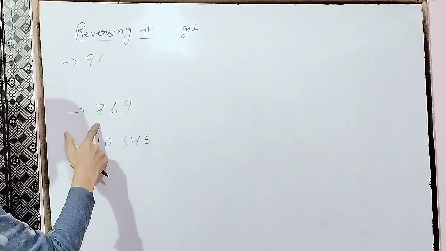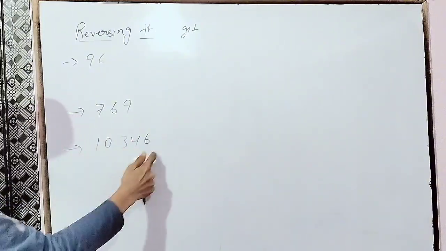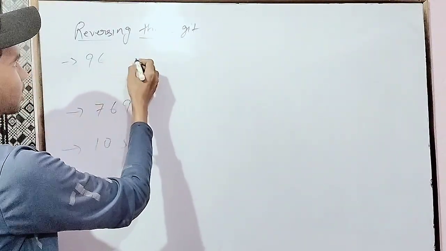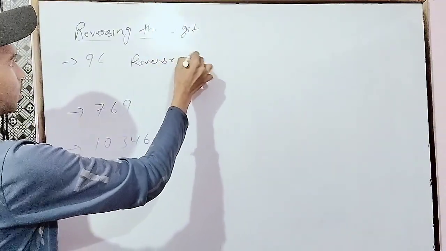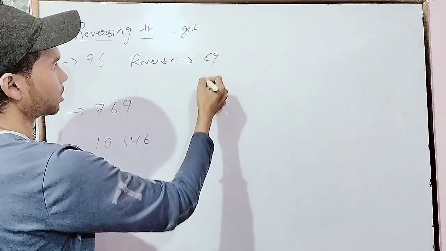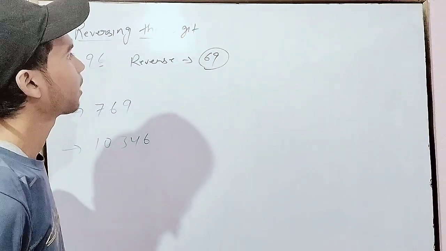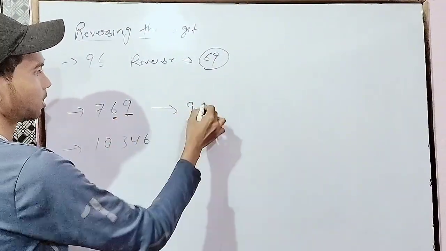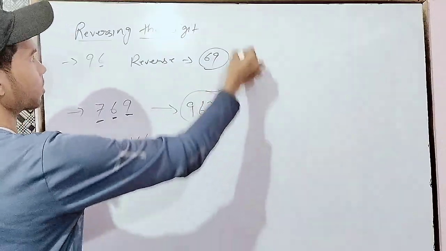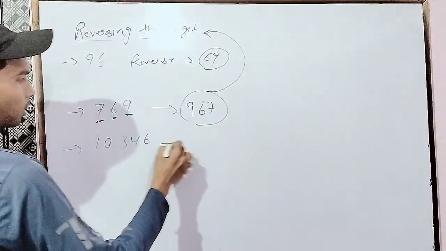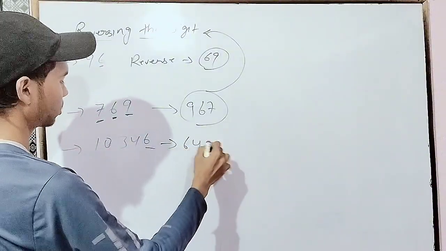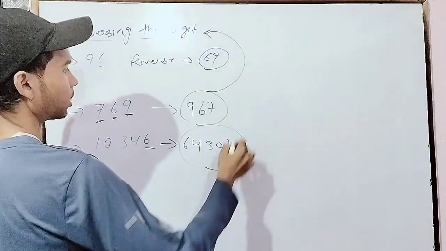Here 9 is a digit, 6 is a digit, 7 is a digit. 6, 4, 3, 1. Each number is a digit. Here it says to reverse it. Then from here we will start: 6, 9. It was written by reversing. From here, 9, then 6, then 7. Are you understanding? Here we will start from ones: 6, 4, 3, 0, 1, like that. Clear?